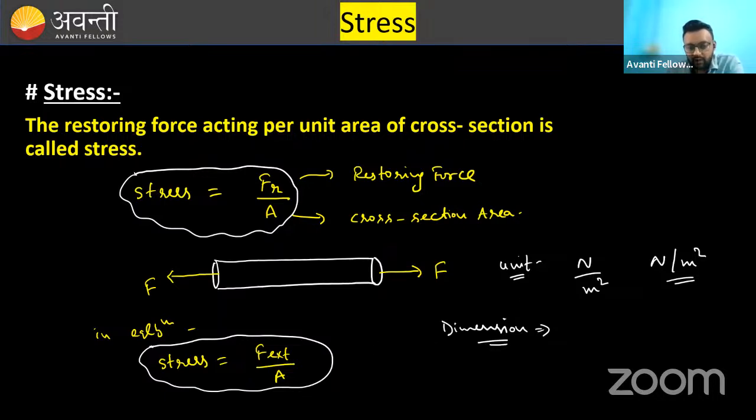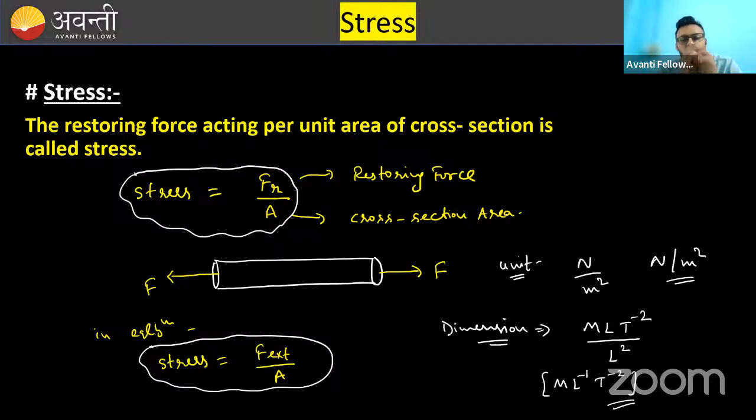What is the dimensional formula of force? You will say M L T minus 2, divided by the dimensional formula of area, which is L square. So it will become M L minus 1 T minus 2. This is the dimensional formula of stress.